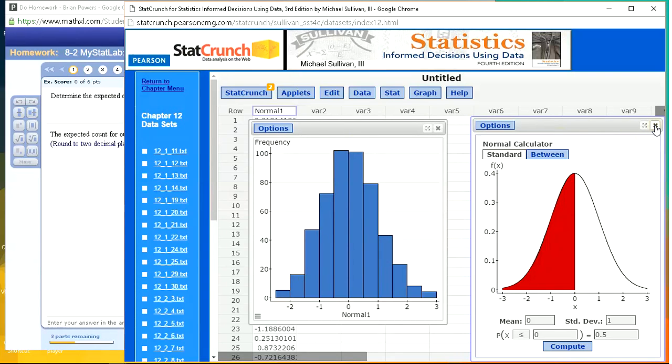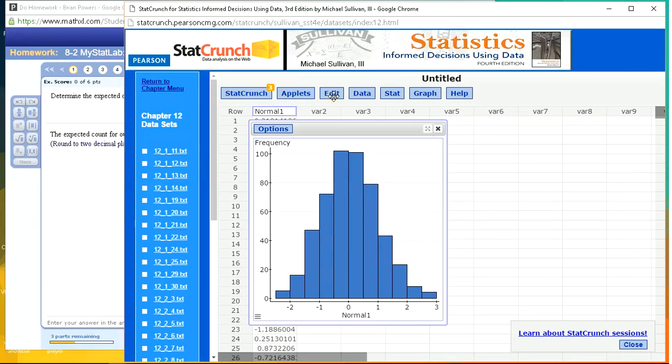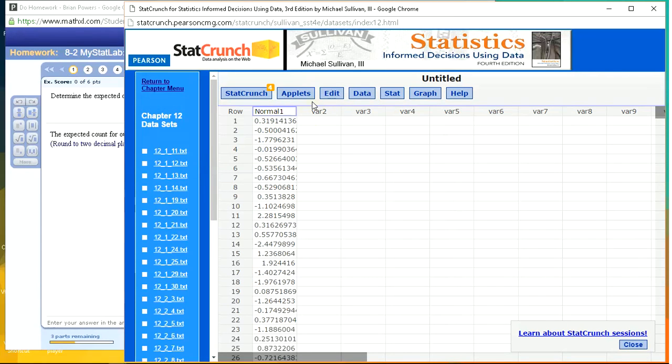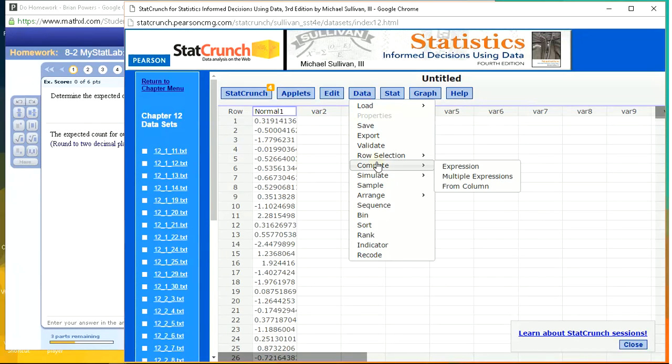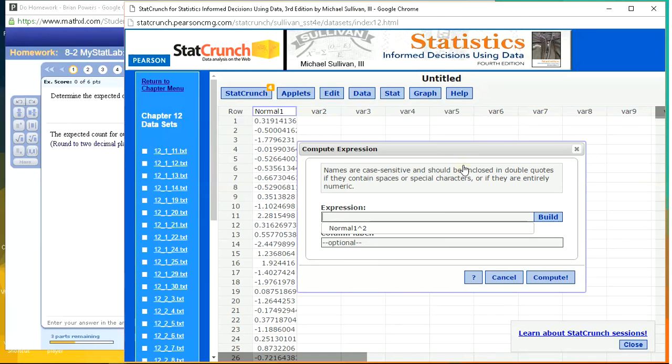So I'm going to do a little modification to this data. I'm going to compute an expression. I'm going to take all of the values and square them. So I'm going to take the data in column normal 1 and square it, and I'll call this new column chi SQ.